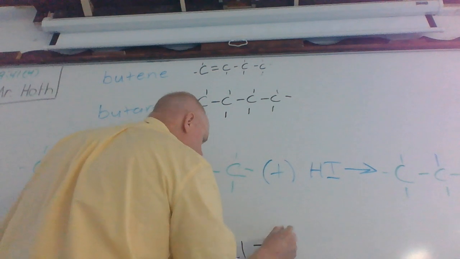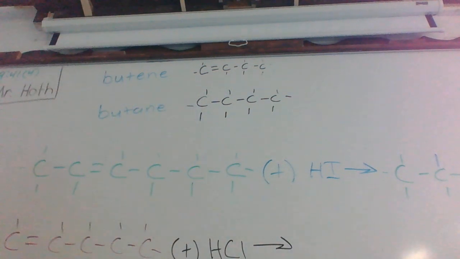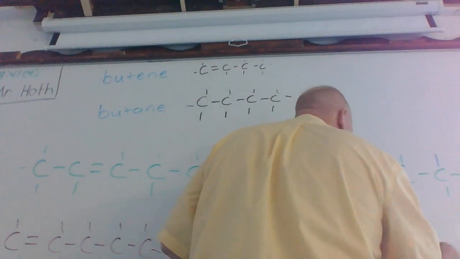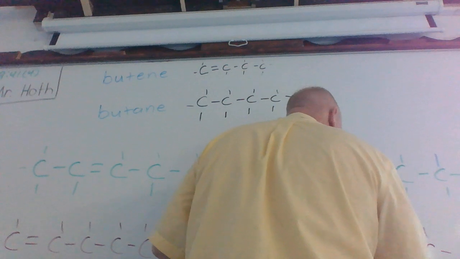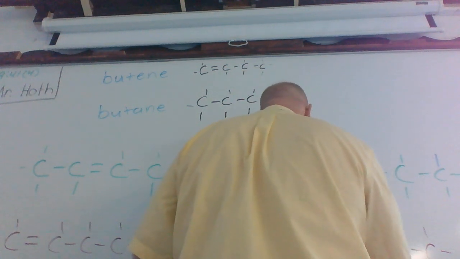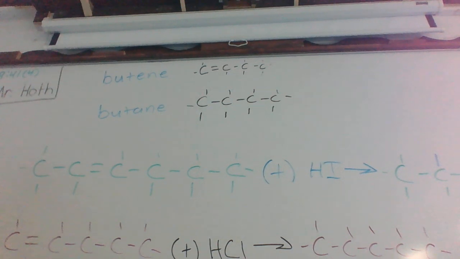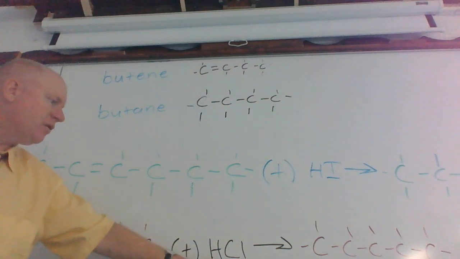So, this compound will react with one another. So now we've got our five carbons over here. Now the conditions are just right: an asymmetrical hydrocarbon and an asymmetrical reagent.